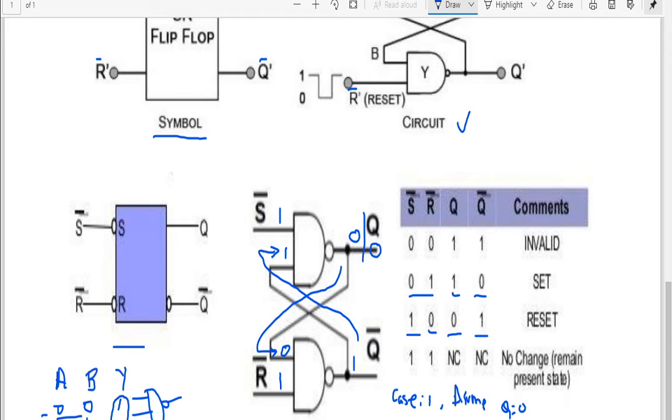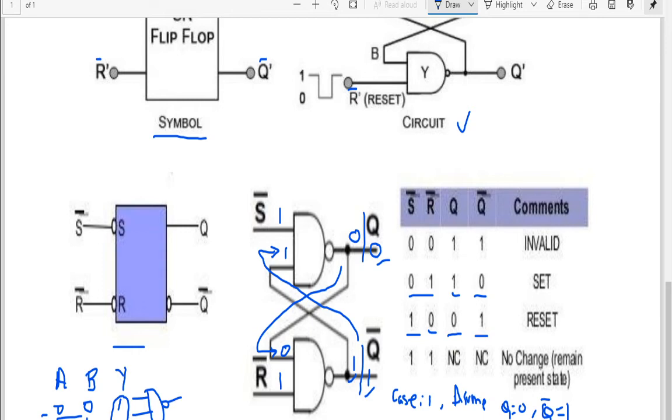Similarly, when this 0 is coming here, the present state of Q bar was 1 and the next state of Q bar is also going to be 1. So when I say Q is equal to 0 and Q bar equal to 1, the present state of Q is 0 as well as the next state of Q is also 0, whereas in Q bar the present state also is 1 and the next state of Q bar is also going to be 1.